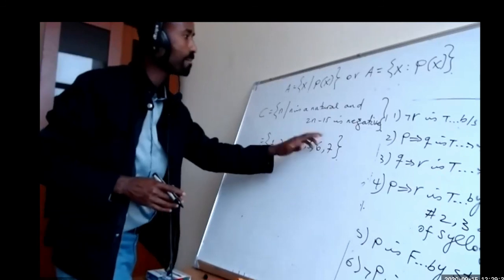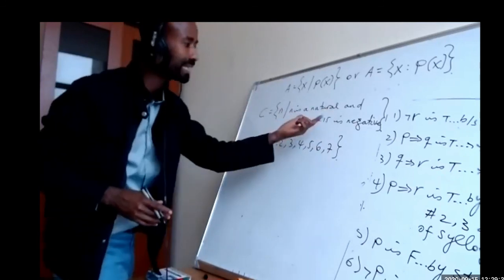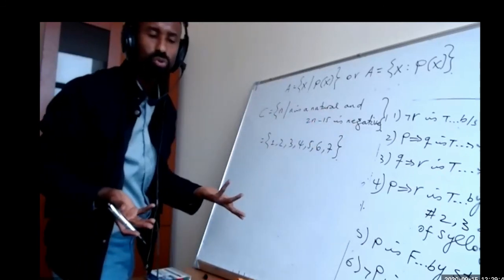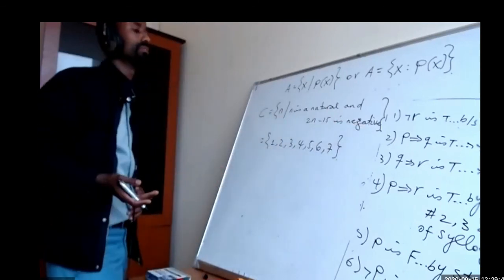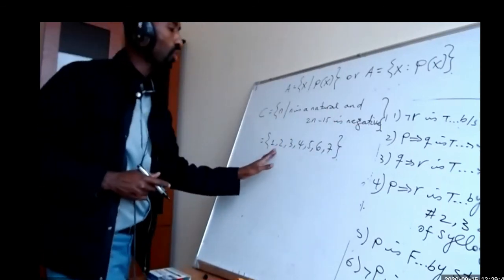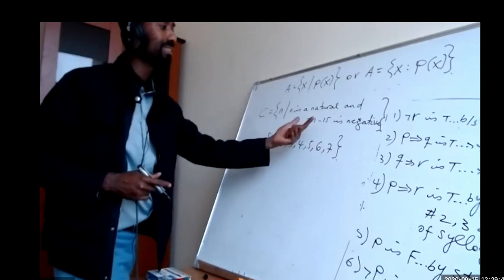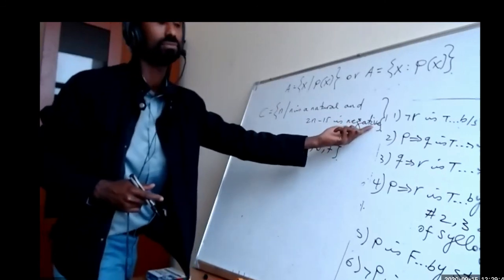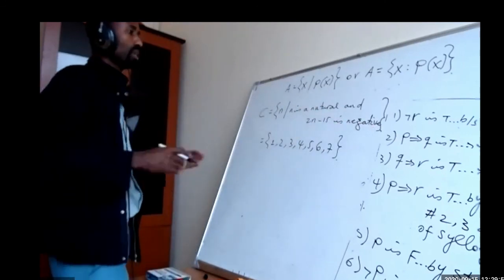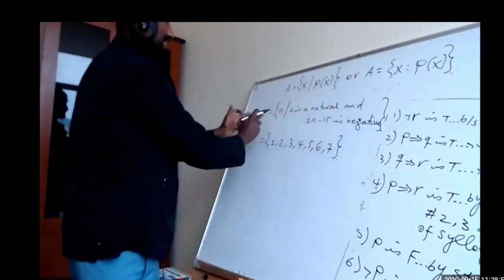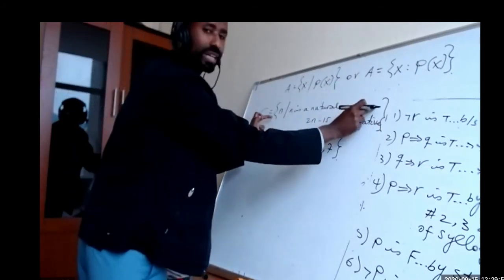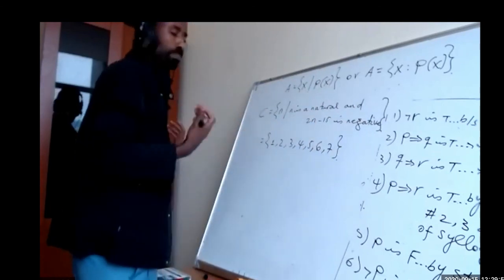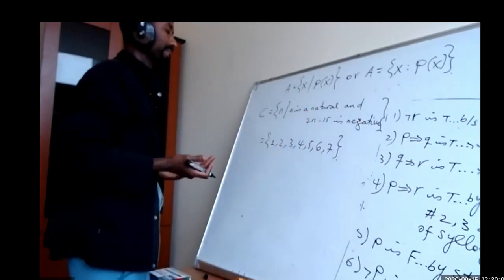So these natural numbers make this property true, being negative. This is set C described using the set builder method.